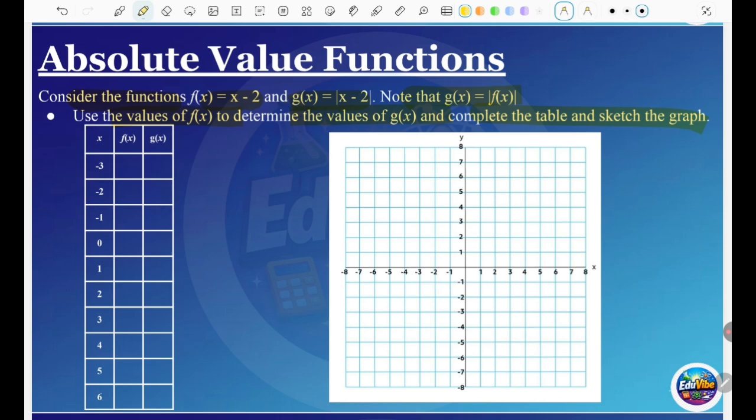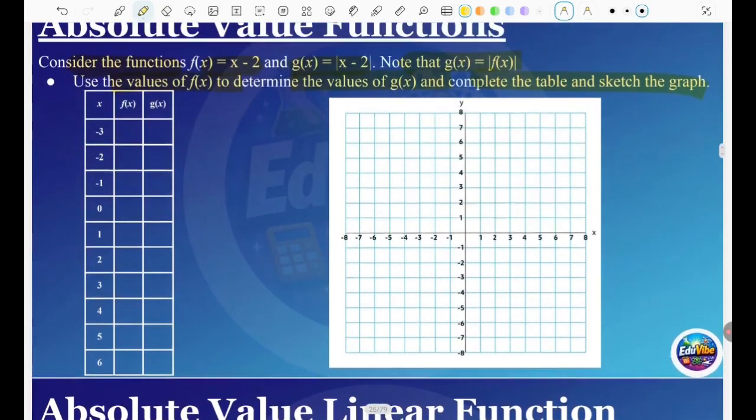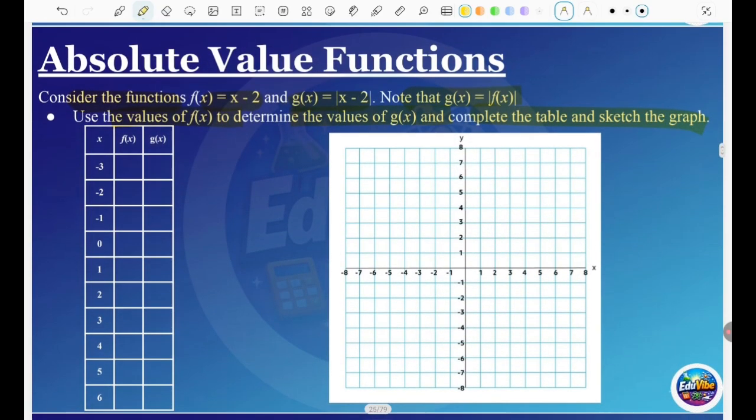This is how we can make the graphs. In the linear or quadratic function, there is an absolute value, and we have to know what to do for that. First we have x minus 2, which is f(x), so we have to make the x minus 2 graph. We have our x values, so put the x values in and get the y values.